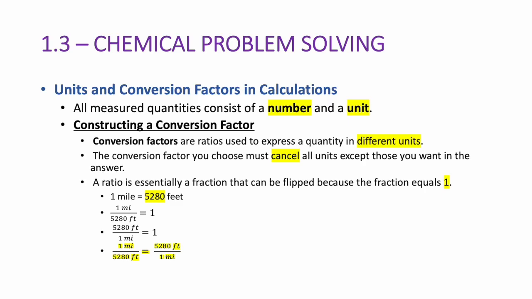So 1 mile over 5,280 feet is equal to 5,280 feet over 1 mile. And that's how we will be using conversion factors, is that we will be flipping them. And we do have to make sure that we are using the correct conversion factor, because if we say 1 mile is equal to 5,280 inches, that is not quite true, no matter how we flip the fraction.